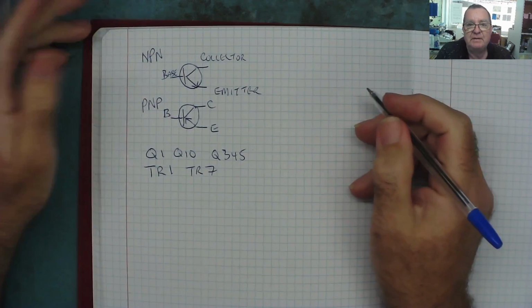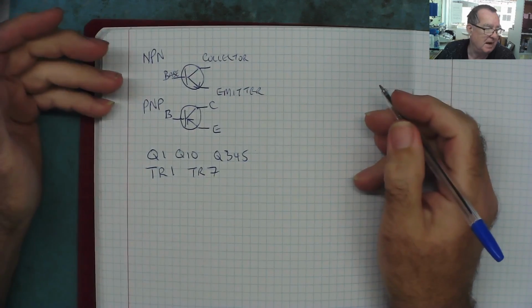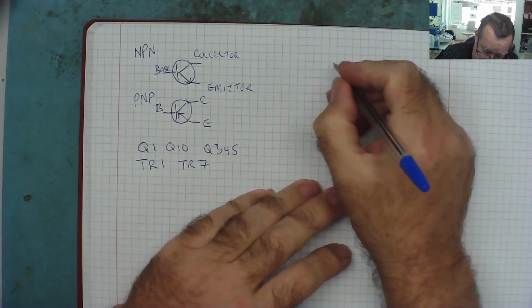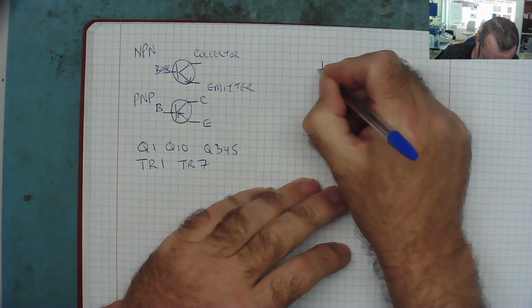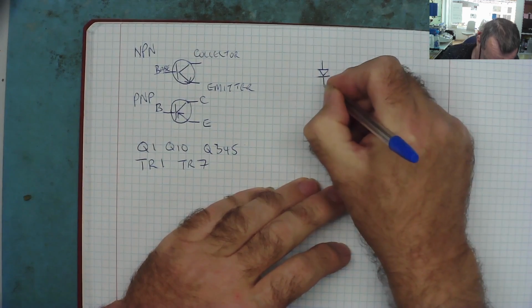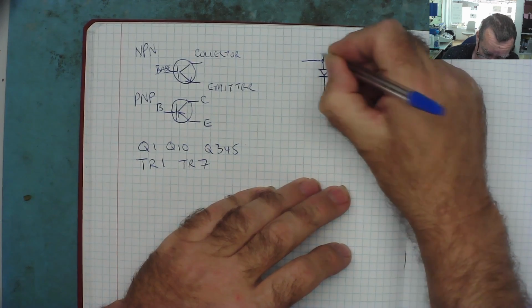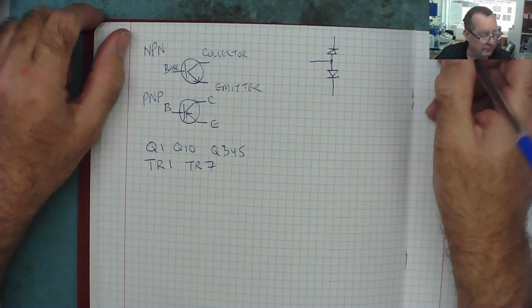When you test a transistor with a multimeter, it basically looks like 2 diodes, and I'll just show you this now. So an NPN transistor to your multimeter looks like 2 diodes connected like this. Like so.